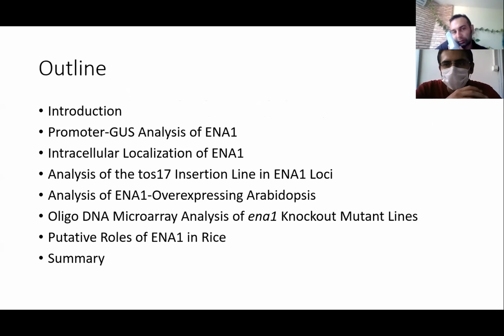Outline parts, yeah. So the problem here is there is too much writing here, and we don't want writing. We want writing as short as possible. So what you can do, instead of writing promoter GUS analysis of NO1, just put the promoter GUS analysis picture of NO1, and then just tell the audience, I'll first talk about the localization by using promoter GUS and so on.